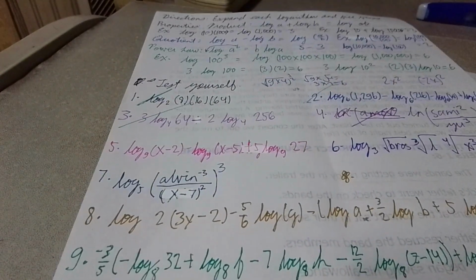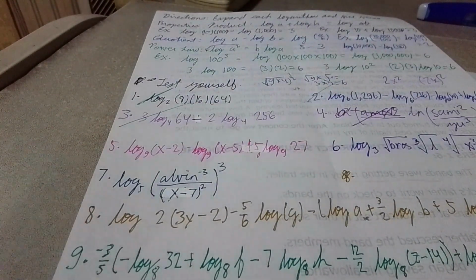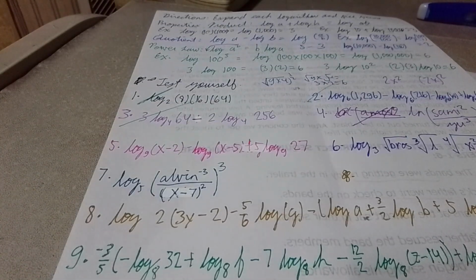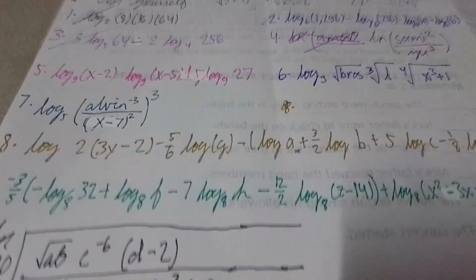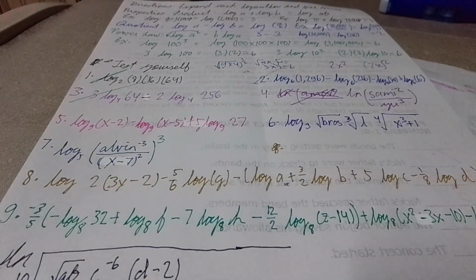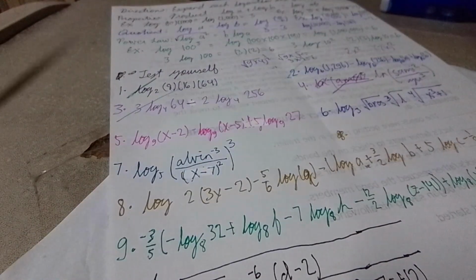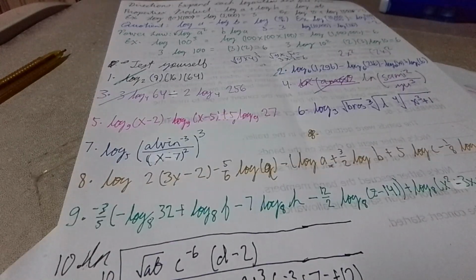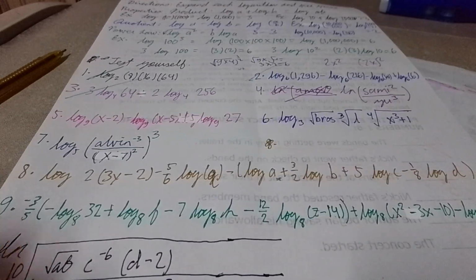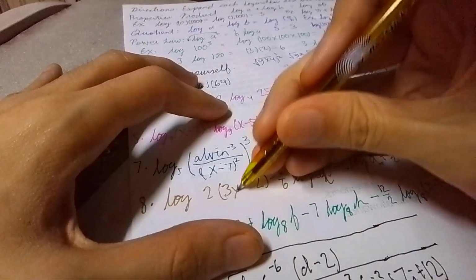Next, number 8. So we're done already with number 7. It's now time to go to number 8. For number 8, the problem is this. We have log base 2 of 3y minus 2 minus 5/6 times the log of, I think I'll change that to Q. So log of Q minus, maybe make that P instead.